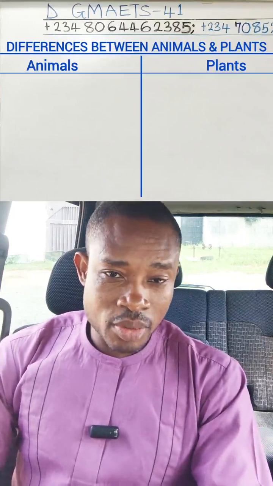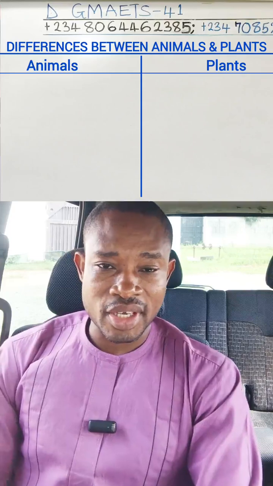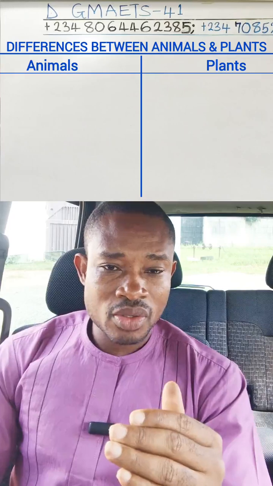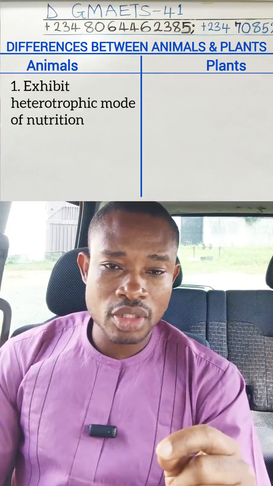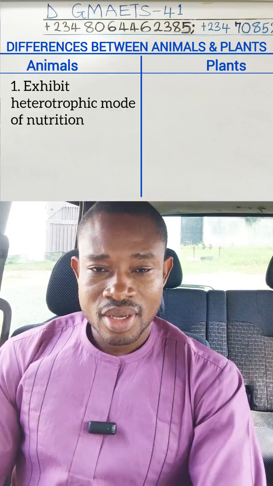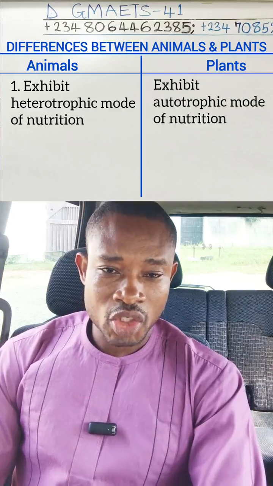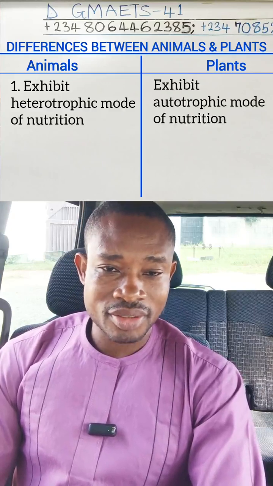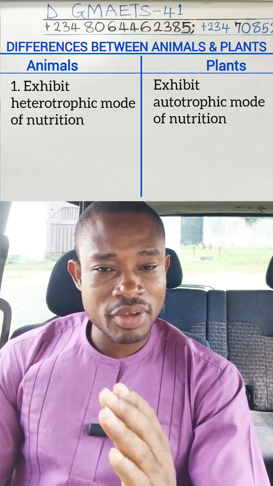The first difference between plant and animal we are going to consider will be with respect to their mode of nutrition, okay? So, animals exhibit heterotrophic mode of nutrition, while plants exhibit autotrophic mode of nutrition. We'll talk about heterotrophic mode of nutrition.